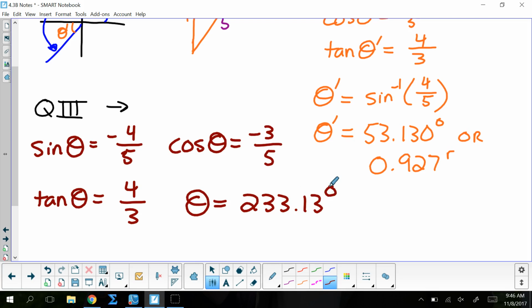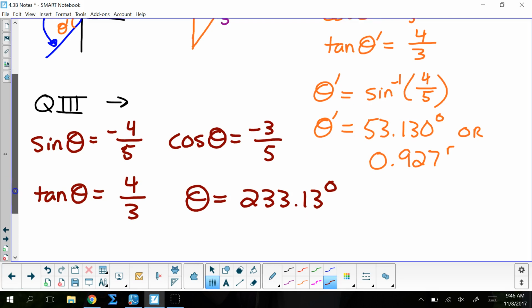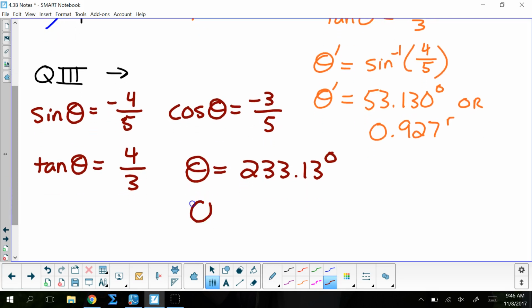Or it's going to be pi plus my reference angle, which is going to be 4.069 radians, depending upon which you have. Agree? Okay.